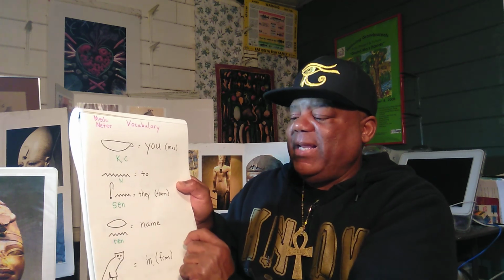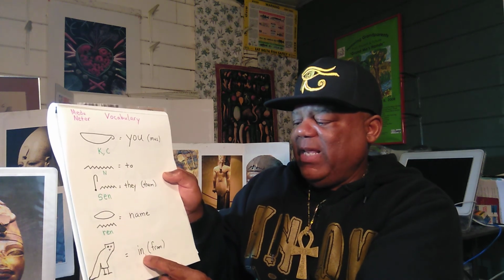They or them is a folded cloth in the water mark, sin. They or them. Name is Ren. A lion's mouth, roar, and the wave of water in Ren for name. For the word in or from, you use an owl.